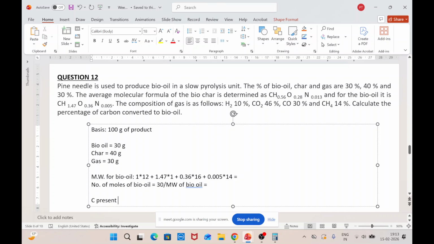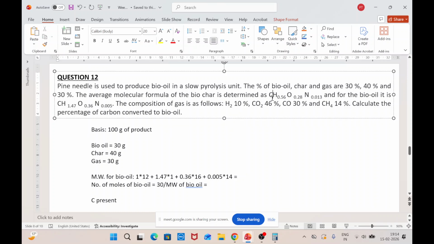So if you see here, whatever moles of bio oil you produce, the same moles of carbon is also going to be present, because the average molecular formula is C1. If it is going to be C2, then you need to multiply by 2. But since it is C1, the stoichiometric ratio here is 1.